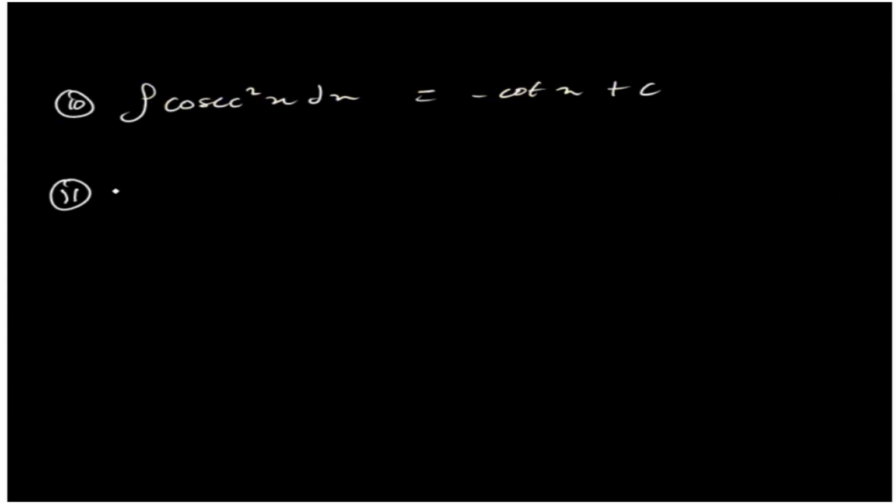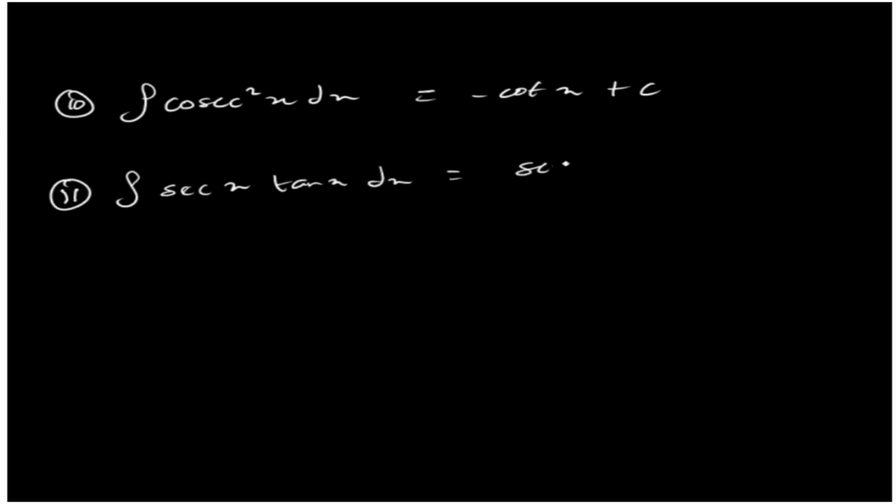So that is the last one that is also very vital. How many am I now? I'm supposed to give you, is it 15? No, 11 or 12. I think it's 12. I just left sec x tan x. What's the integral of this one?